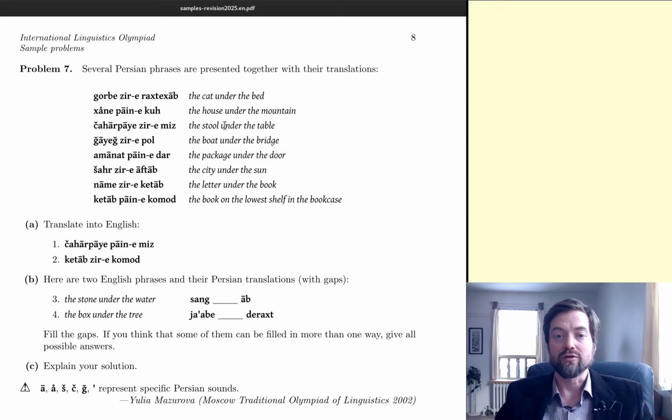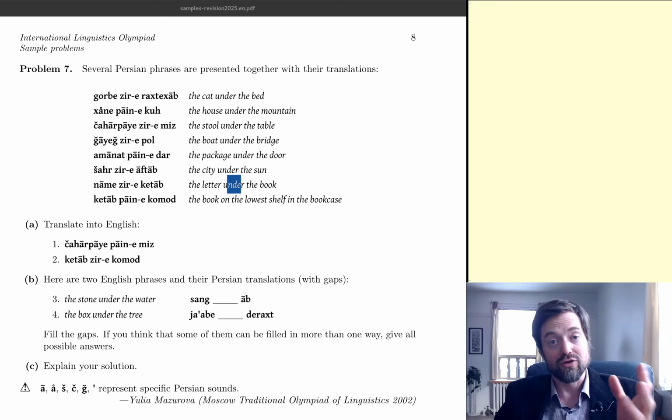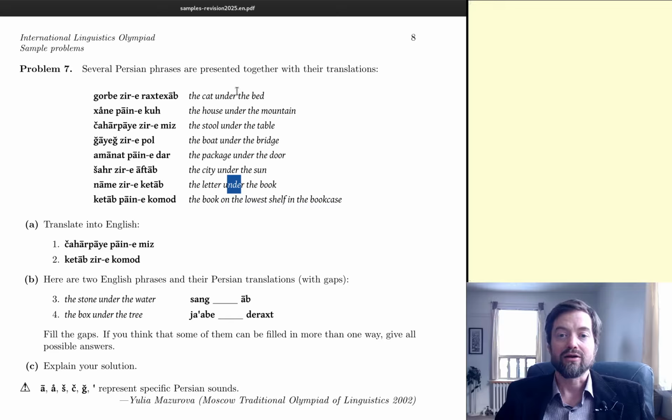Under. There's something about under where Persian has two words to say what in English we would simply use the word under for both of them. So what's the difference between being under a bed and under a mountain? Under a table, okay, bridge, okay. So let's now make a list of each of the ones, the zire list and the paine list.